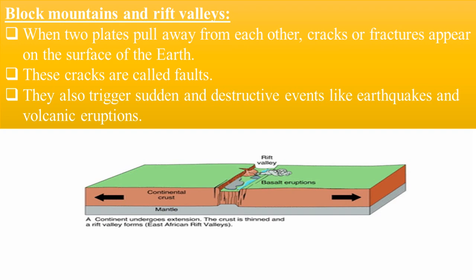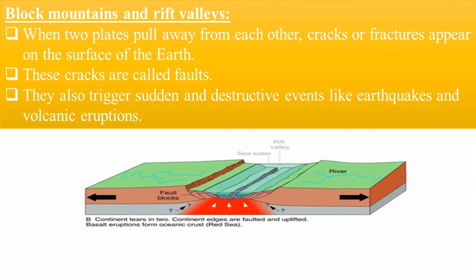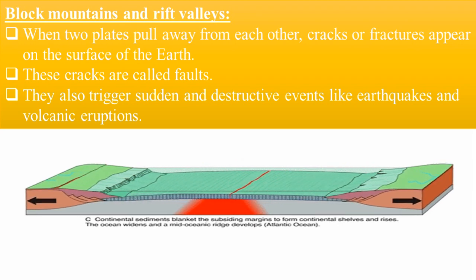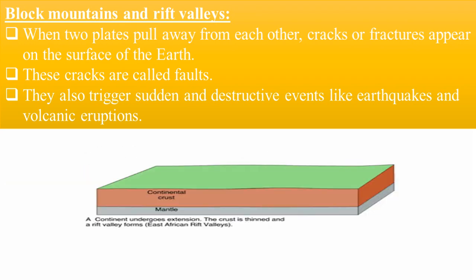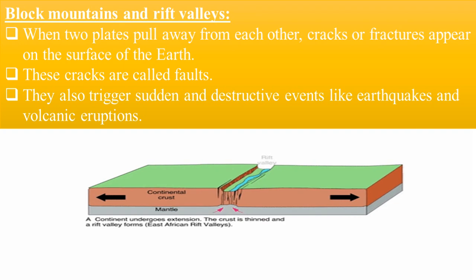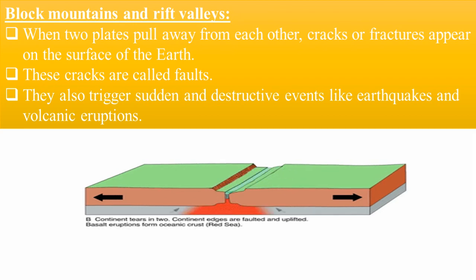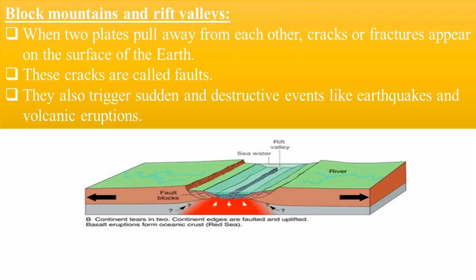Yes, when the two plates pull away from each other, cracks or fractures appear on the surface of the earth. And they also trigger sudden and destructive events like earthquakes and volcano eruptions. These movements of plates do not only produce landforms.